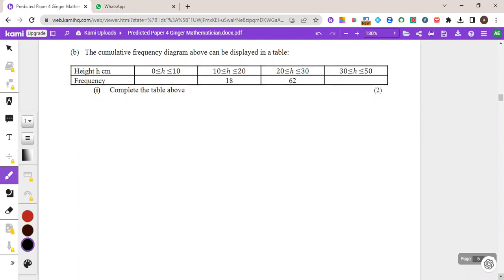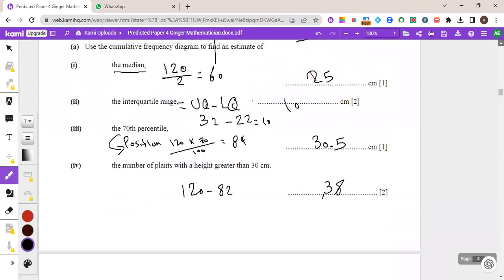The cumulative frequency diagram shown above can be displayed in a table. Complete the table above. From 0 to 10, the frequency is found from the graph.